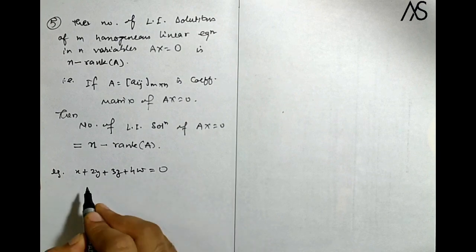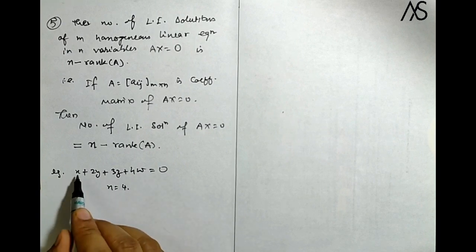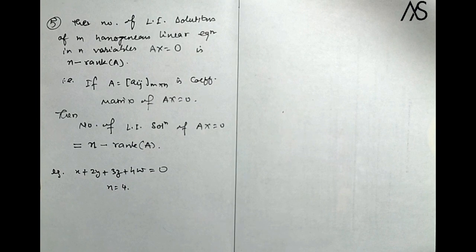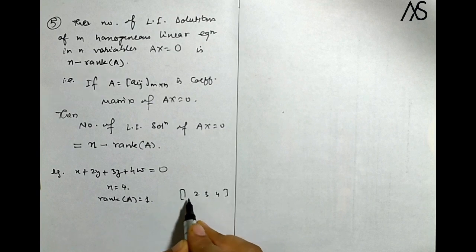Now total number of variables are 4, x, y, z and w. What is the rank? Rank of coefficient matrix is 1, because this coefficient matrix is nothing but 1, 2, 3, 4. This one, okay, this is A. So its rank is 1.